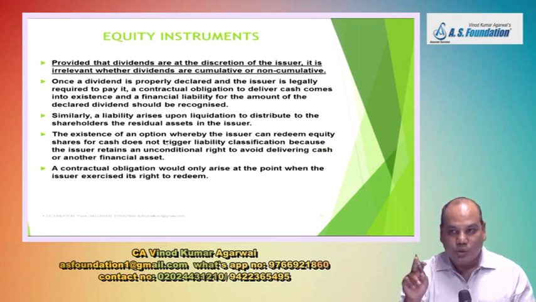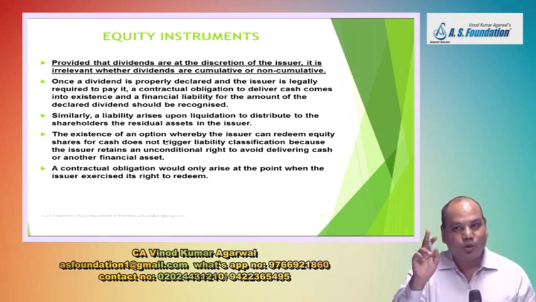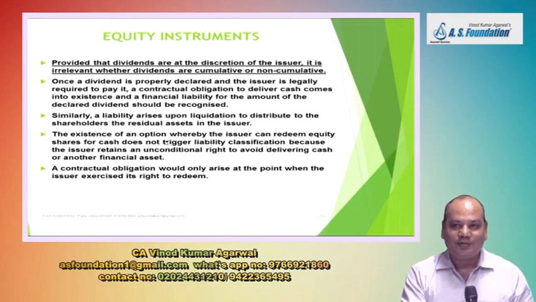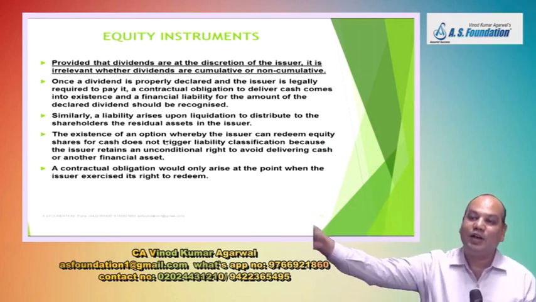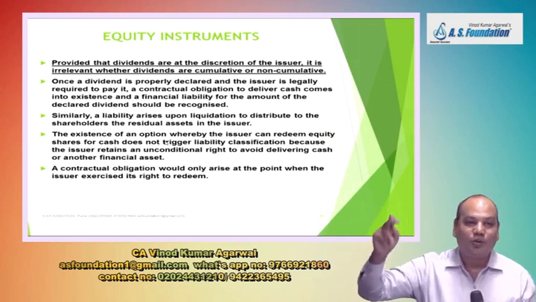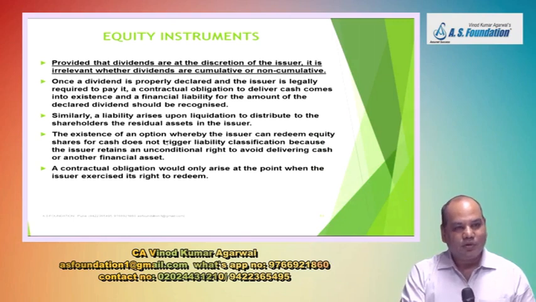If the issuing company has an option to take the decision on conversion, then it is equity. But if the holder of the instrument has an option, whether he wants cash or equity, that we'll see later, but for accounting purposes it will be a liability. Okay, is it clear? Equity, if the issuer has an option.